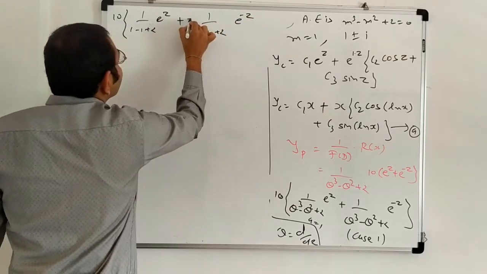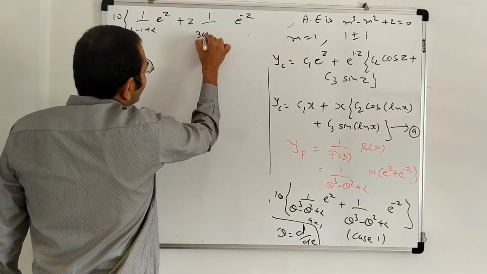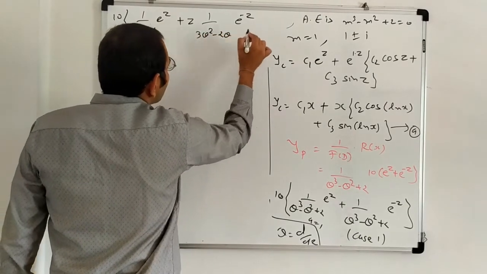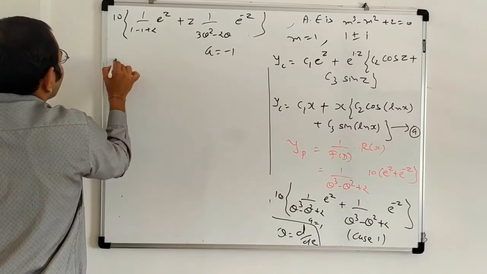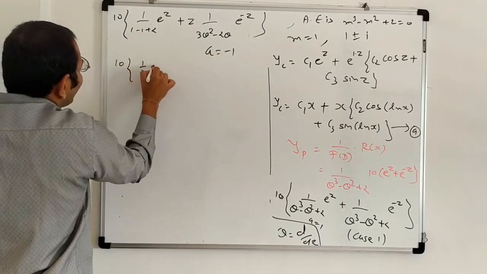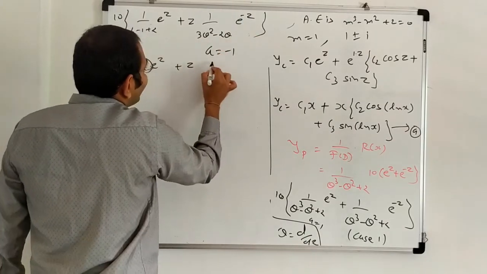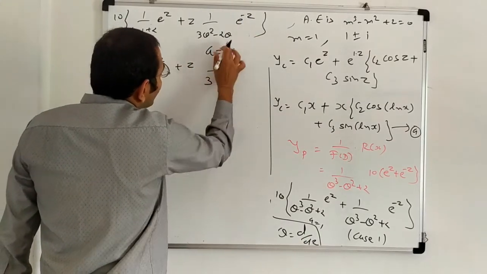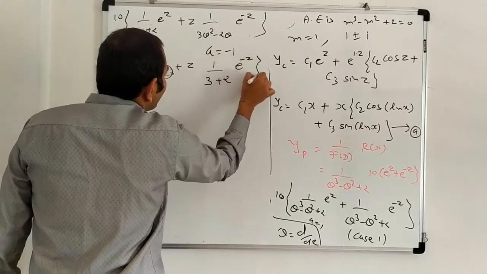Then multiply with z and differentiate this term, means 3 theta square minus 2 theta. Again we replace a equal to 1. Then here 10, 1 by 2, e raised to z, z. Again we replace minus 1. Then 3 minus 1, then minus minus plus e raised to minus z.